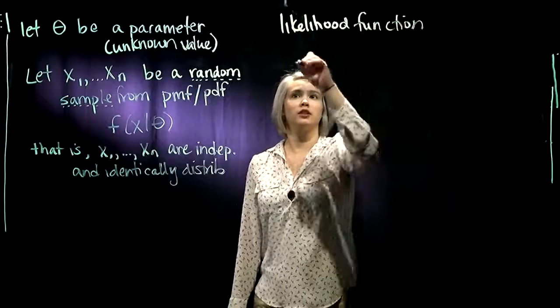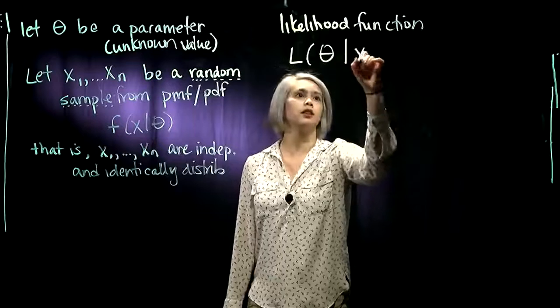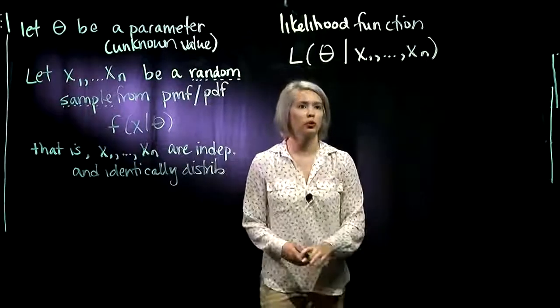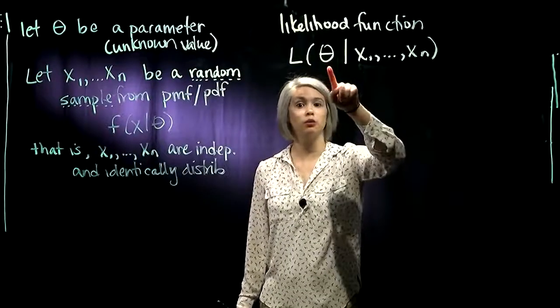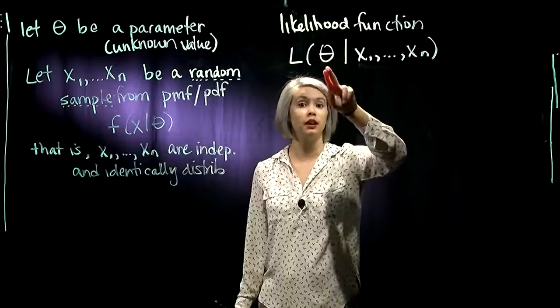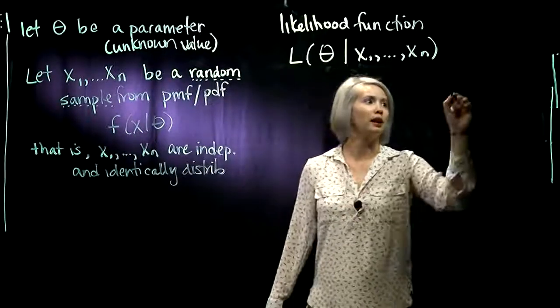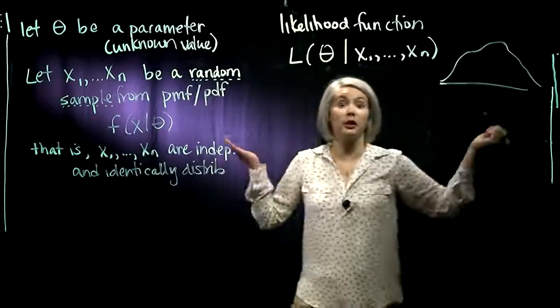And this is just a function of our parameter given the data that we've observed. So we're holding constant x1 through xn, and now we're seeing if we plug in different values of theta, what likelihood do we get out? So maybe we could plot it, and our likelihood function might look something like that.